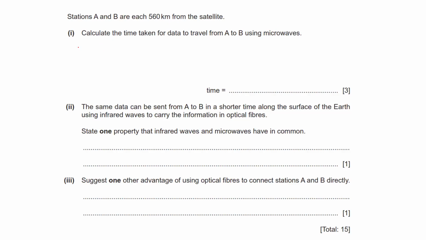So from A to the satellite, the time is equal to TA. This is distance 560 kilometers divided by 3 into 10 to power 8 meters per second.